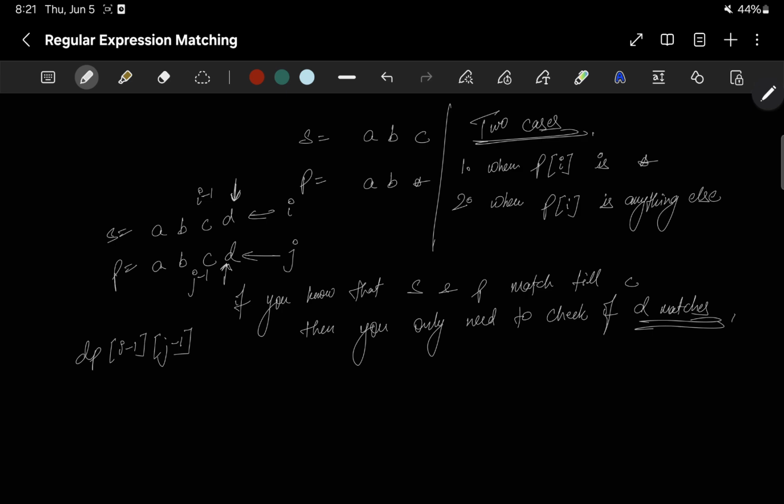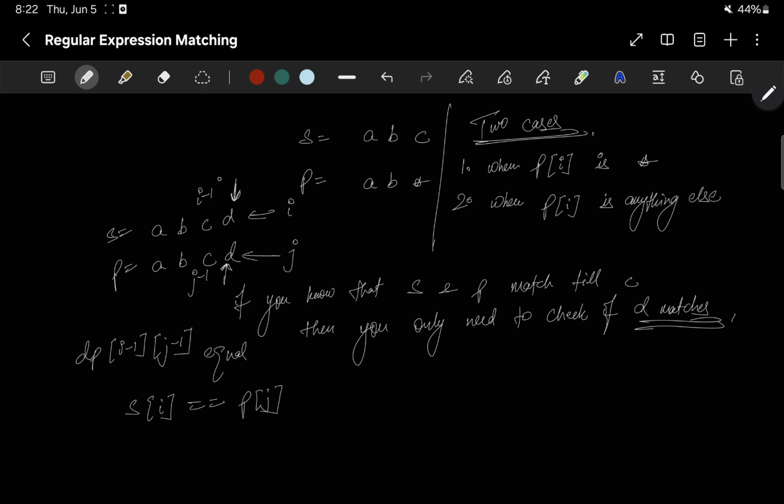If we are calculating it at ij and we know our answer at I minus 1 j minus 1 and it is wrong, it means they are not equal, there is no point moving forward, right? But if they are equal, then we need to compare if si equals p of j.